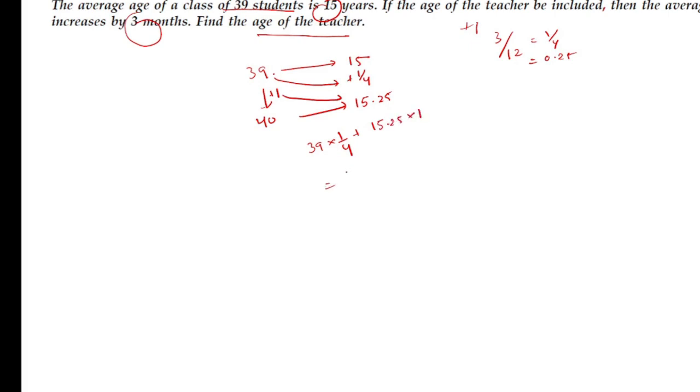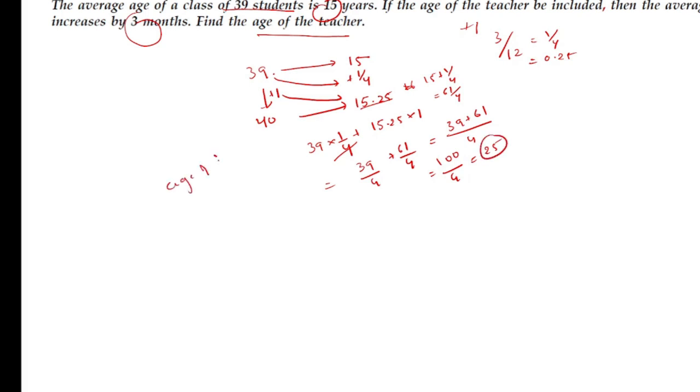This is the age of the teacher. I can say that 15 plus 1 by 4 is 61 by 4, and 39 by 4. 39 by 4 plus 61 by 4. So 39 plus 61 is 100, 100 by 4, it is 25 years.